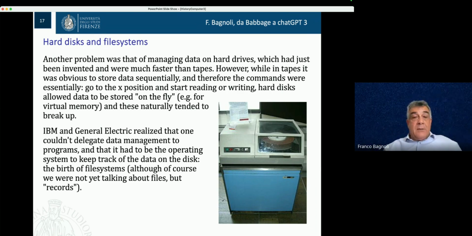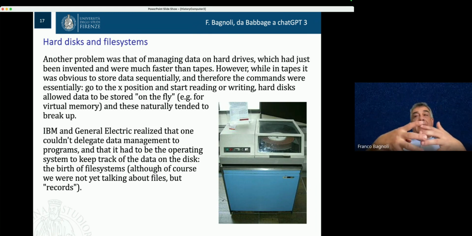Since you are not controlling the turning of the disk, you have to organize the data so that you can read and write them depending on the speed of the head. If your writing is fast enough, you can write things one after the other on the disk.